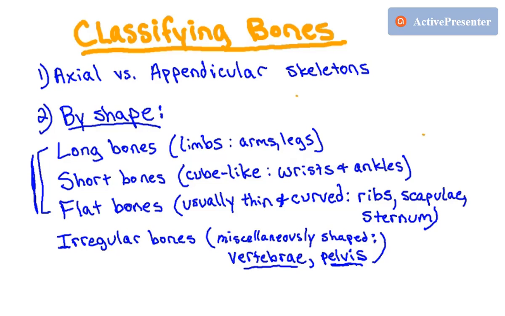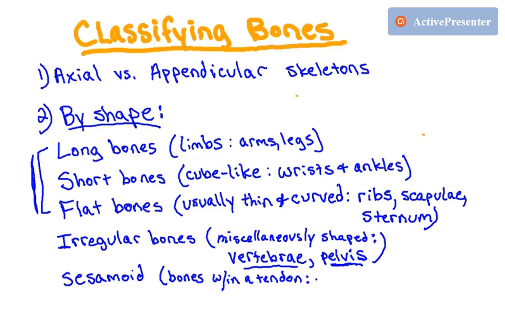Also, you're going to have sesamoid bones, which is also kind of irregularly shaped, but the difference is that sesamoid bones are bones within a tendon. So they might be in joints.